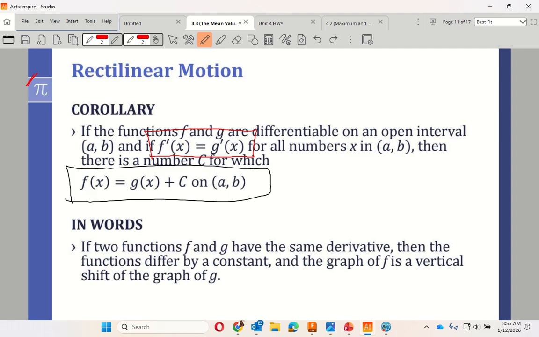Very good. They're going to be parallel, because if the derivatives are the same, that means they have the same slope. And then from there, they're going to be parallel. And for them to not be the exact same function, there has to be a plus c somewhere in there to make them not collinear. That means the same line.